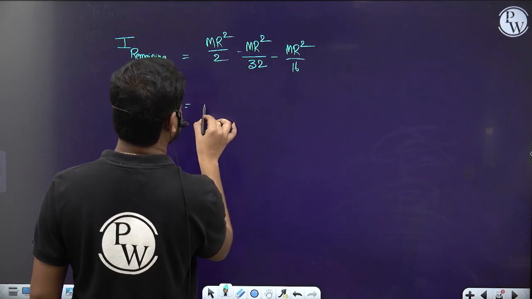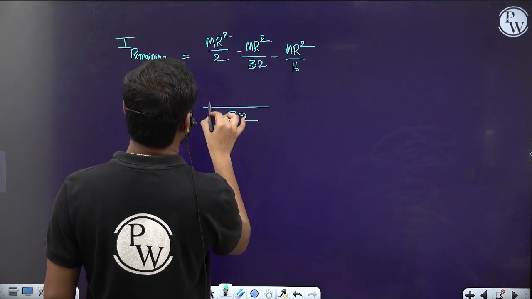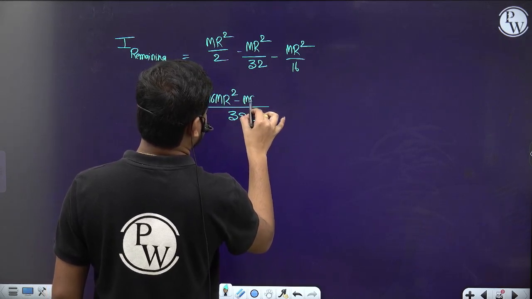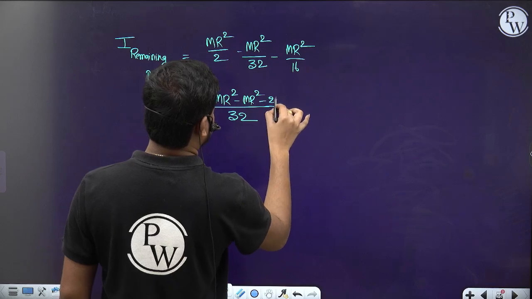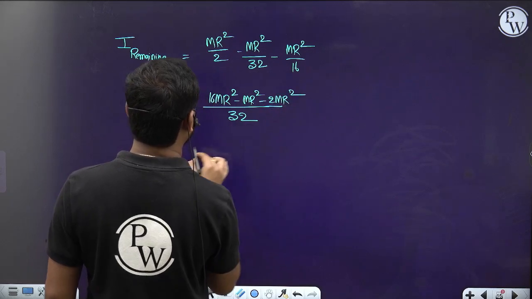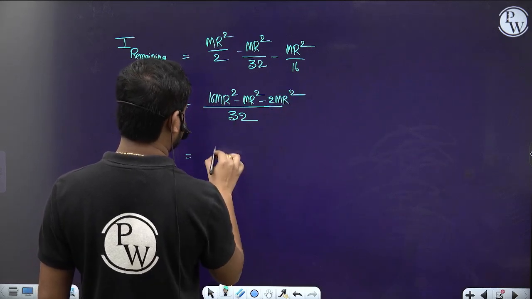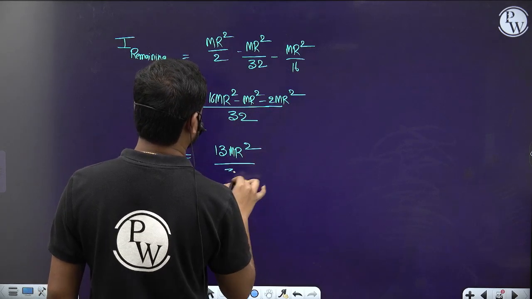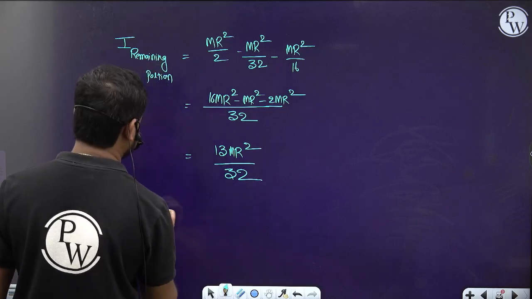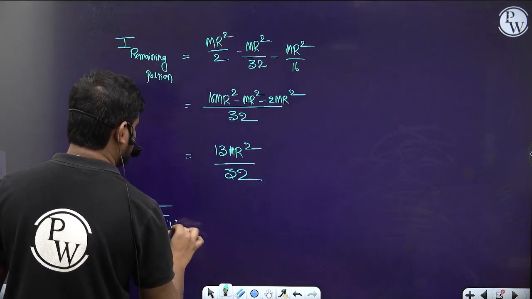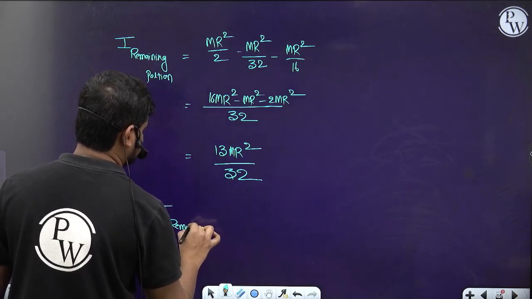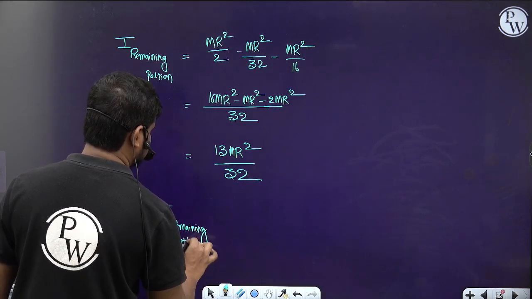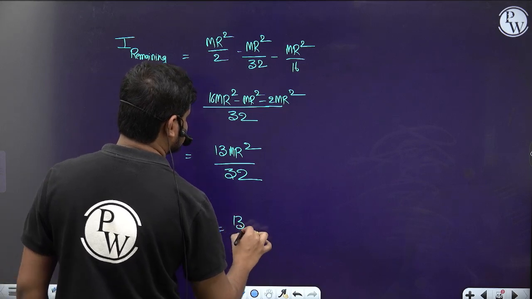So 32 is the LCM, so this goes 16 MR² minus MR² minus 2MR², which is nothing but 16 minus 3, so 13 MR² by 32. This is the moment of inertia of the remaining portion, equal to 13 MR² by 32.